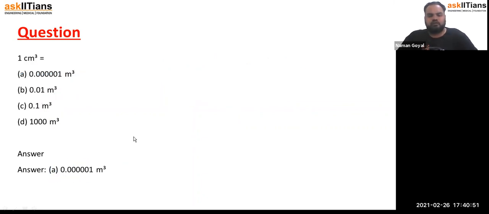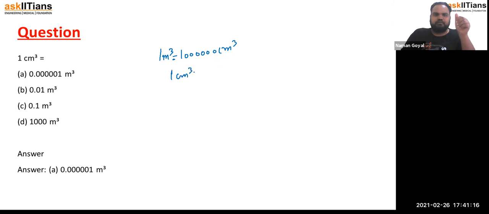Now it is asking for 1 centimeter cube. In the previous question, what did we do? 1 meter cube is equal to 1,000,000 centimeter cube. So for 1 centimeter cube, you have to divide by this number.